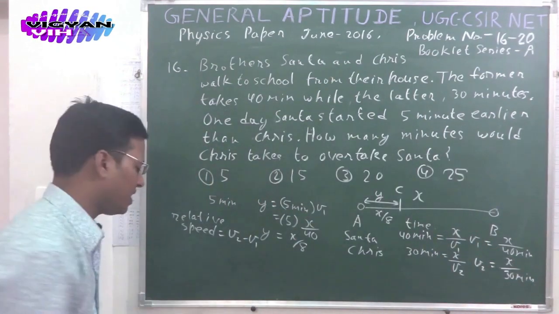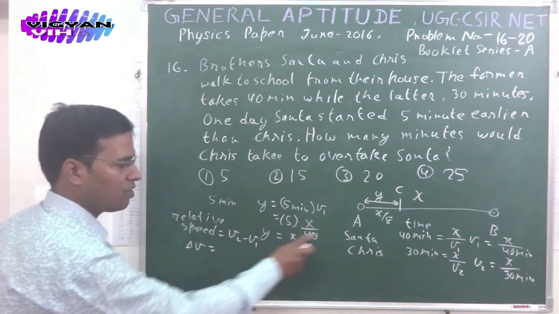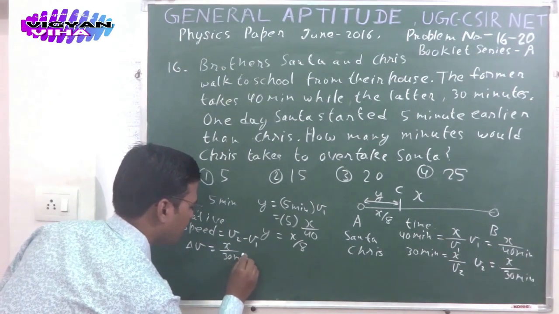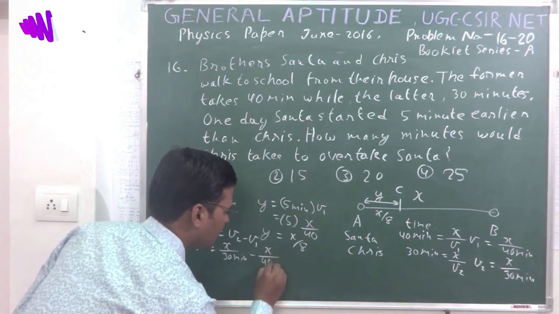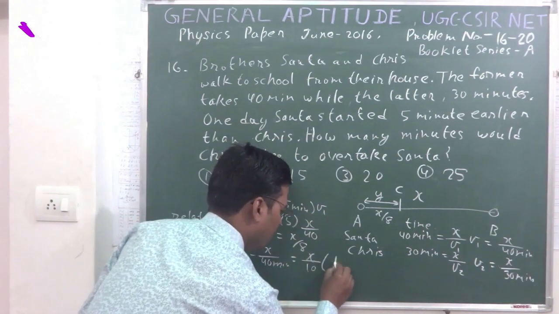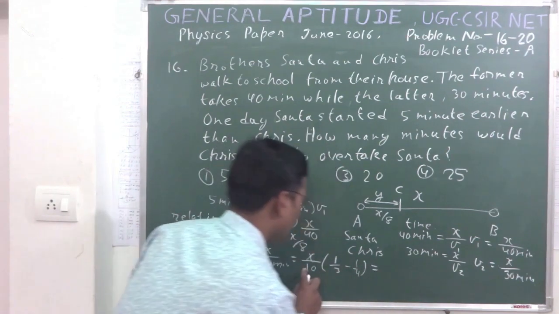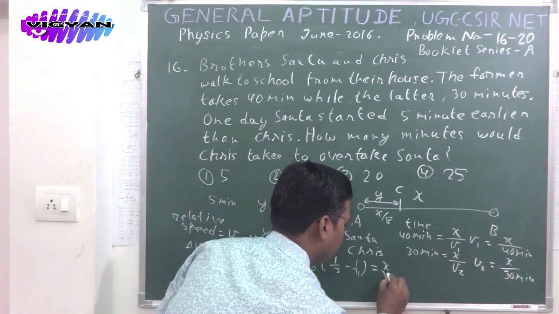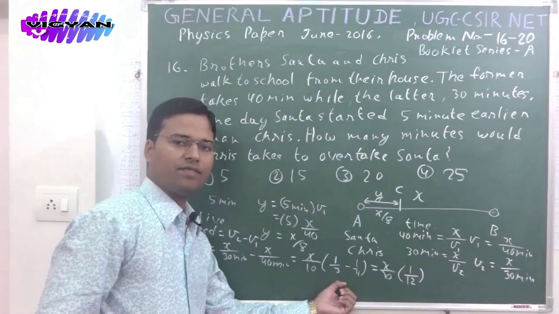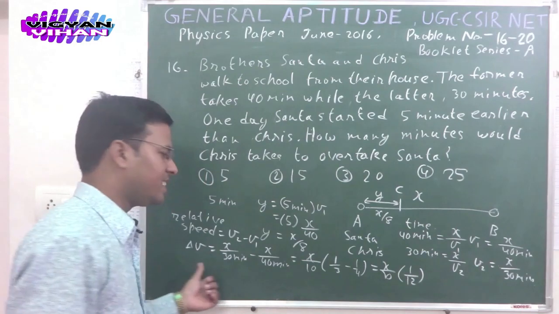The relative speed delta v is equal to x upon 30 minutes minus x upon 40 minutes, which is equal to x upon 10 multiplied by 1 upon 3 minus 1 upon 4, that is x upon 10 multiplied by 1 upon 12. This is delta v.